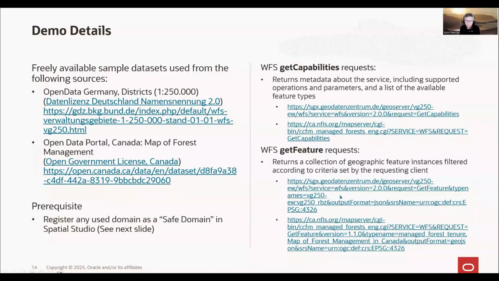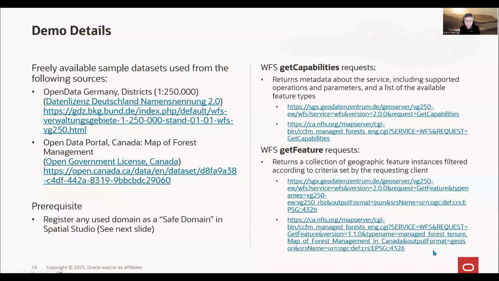Then I've looked at the feature types that are available, and I've picked this one, which is actually a layer in the vector data set provided. This is the one I've chosen. Then I've also made sure that the supported coordinate system is 4326, so WGS 84. And this is my actual request.